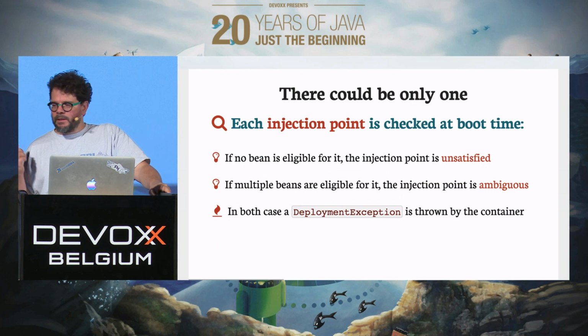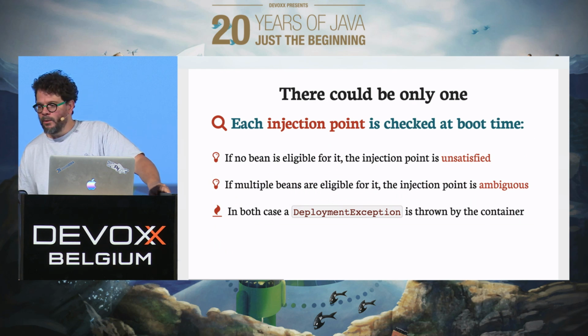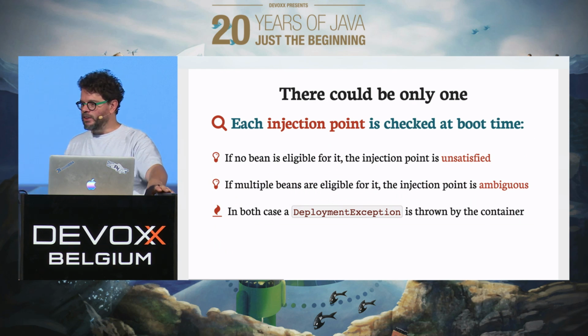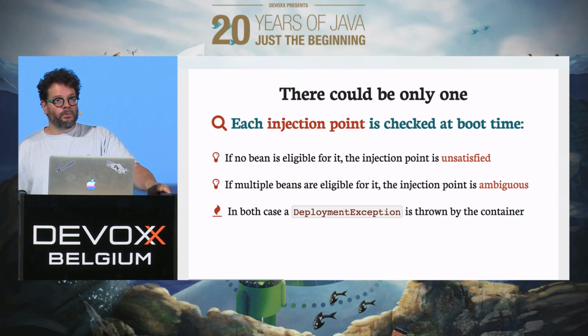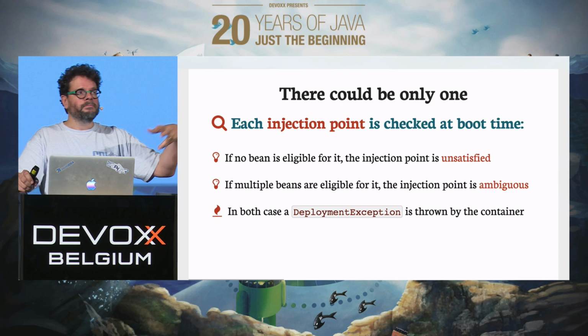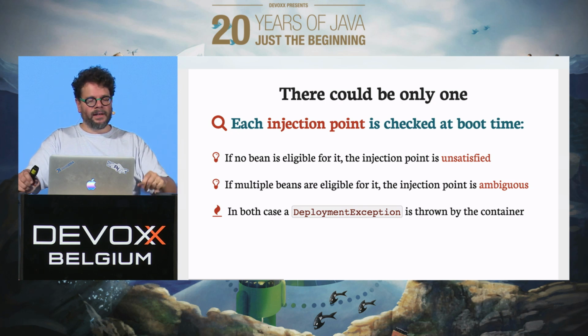You have to keep in mind, Antonio, that there can be only one. When you define an injection point, it will be checked at boot time. So the type of the injection point and other information we will see later will be checked at boot time. If you have an injection point and there is no bean eligible for this injection point, it will be said unsatisfied.